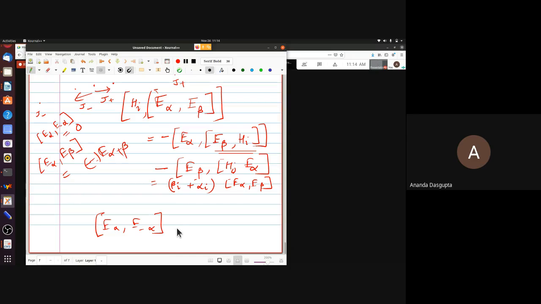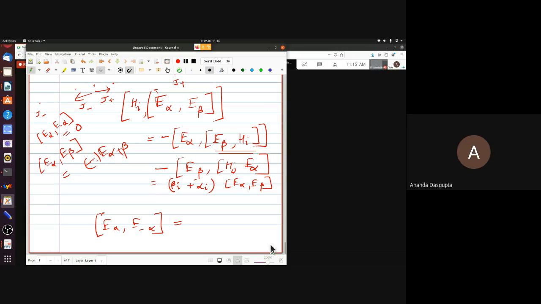An operator which commutes with all the HIs, what does it have to be? Some linear combination of E alpha. Of the E alphas? No. Wait, the HIs. Some linear combination of the HIs, because the HI, remember, is a maximal commuting subalgebra.